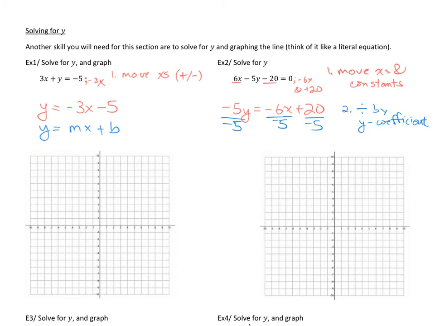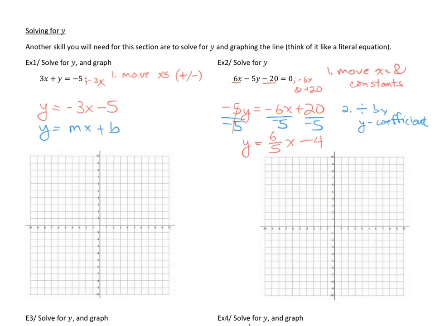And look here, just like in the last page, when you divide negative 5 by negative 5, you'll get the y equals negative 6 divided by negative 5 is 6/5x minus 4. You get the minus 4 from the 20 divided by negative 5. So we have another rational slope or fraction for a slope. That happens. Please do not let that scare you. And I actually want to graph example 2 before we go back and graph example 1.